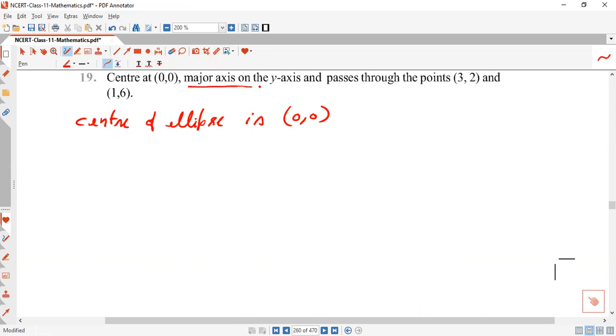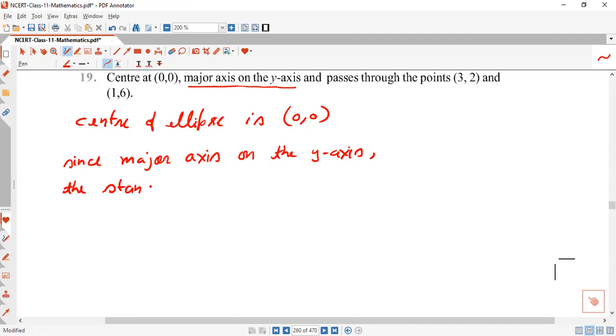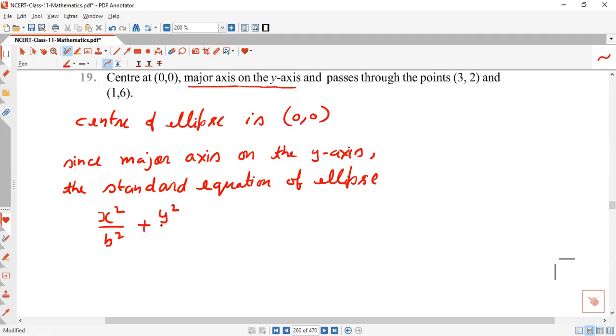It means since the major axis is on the y-axis, a square must lie below y square in the standard equation of the ellipse. The standard equation of the ellipse will be x square upon b square plus y square upon a square equal to 1.